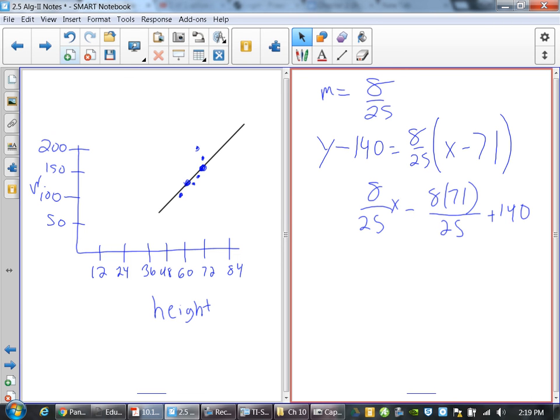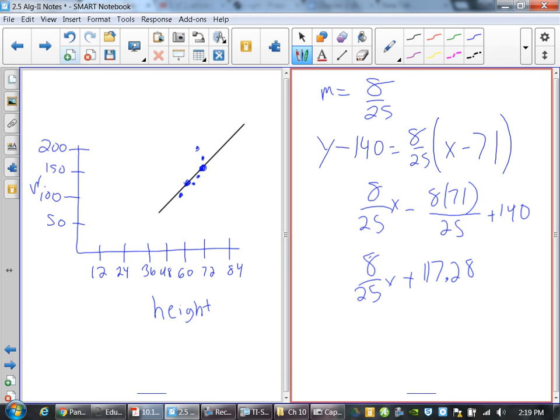So I just got to figure out what that is. So I use my calculator. 8 times 71 divided by negative 25, add 140, and I get 8 over 25x plus 117.28. That's what I'm getting for an equation.